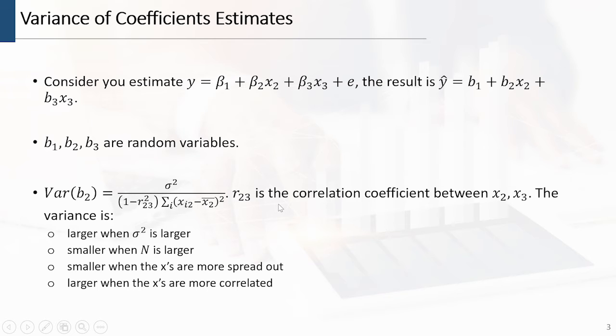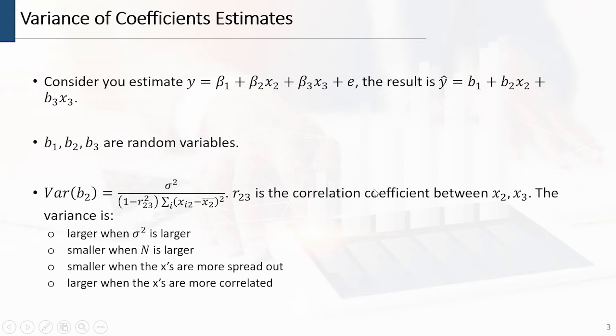R23 is the correlation coefficient between x2 and x3. So R23 is a measure of how closely the two independent variables, the two x variables, are correlated. From this equation, we can see that the variance of b2 is a measure of how inaccurate or how noisy b2 is as an estimator of the true parameter beta 2.